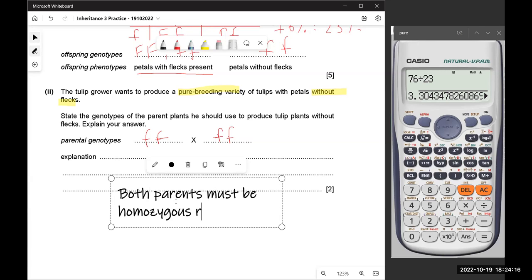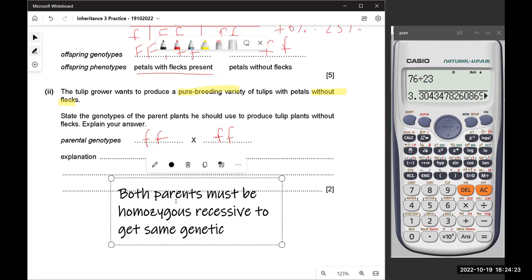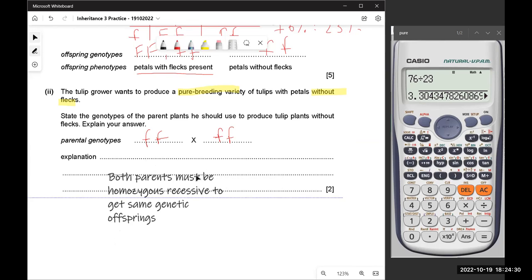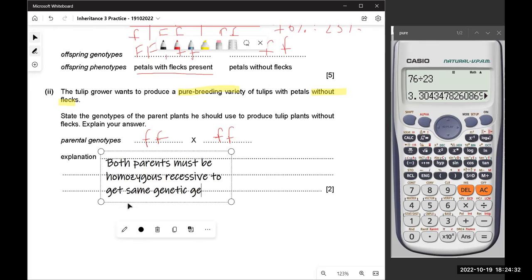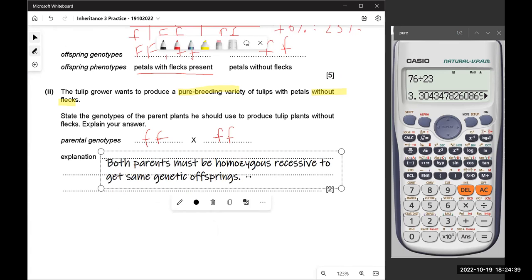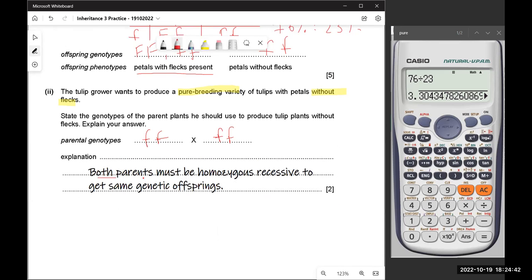So they both must be homozygous recessive to get the same genetic phenotype. That's the only mark here, in their marking scheme: both parents homozygous recessive. That's 1 mark, and this whole thing is 1 mark.